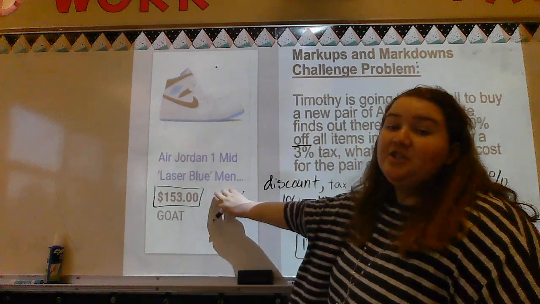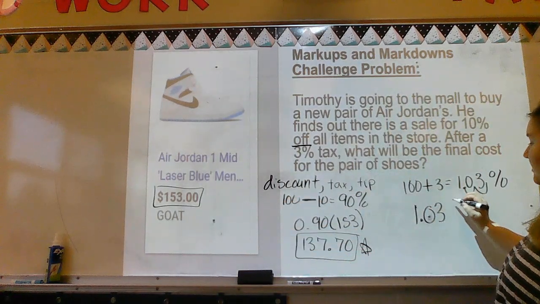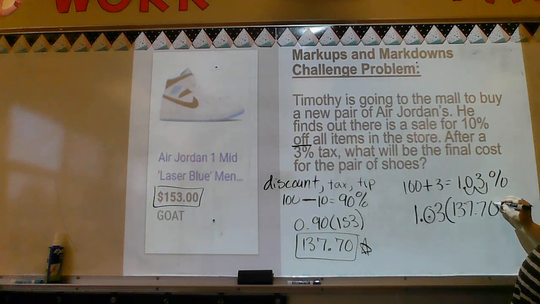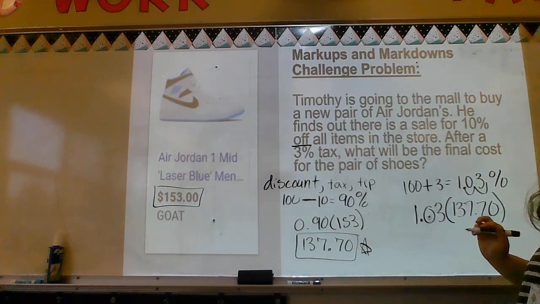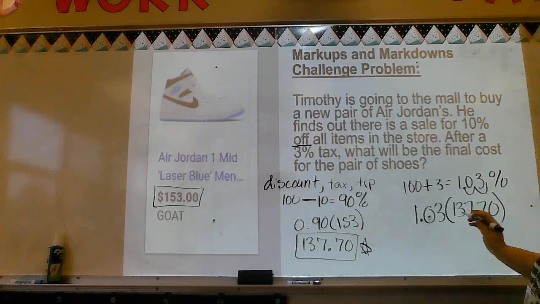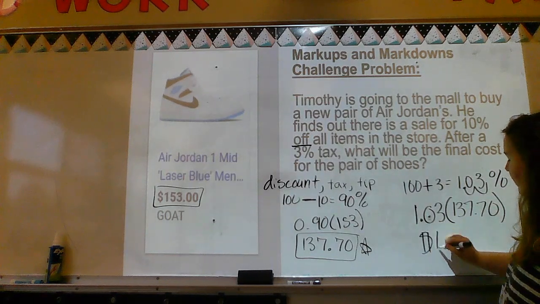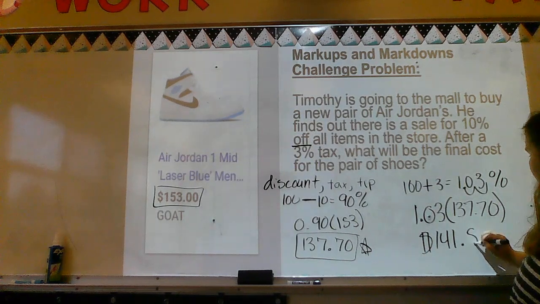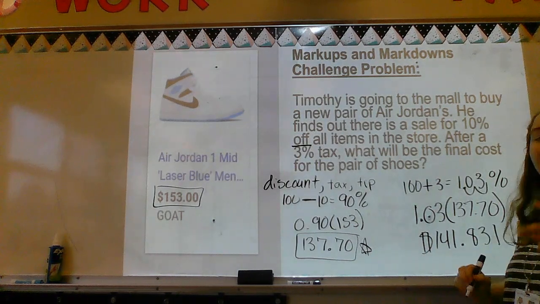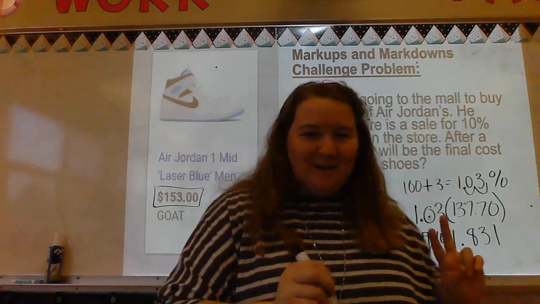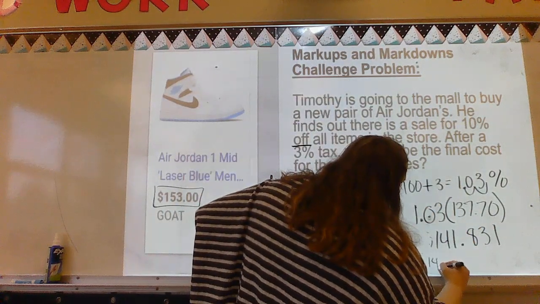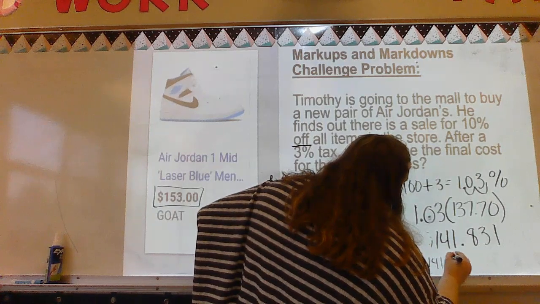So it's not the original, it's the new one. So I'm going to put the new price in here, $137.70, okay? And when you multiply this out, your final price will be $141.831. Remember, we're going to round to 2 places because it's money. So we have $141.83.